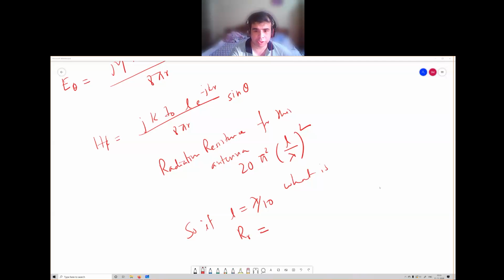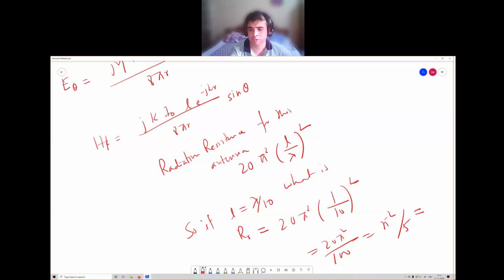That is 20 pi square times 1 by 10 square, which is 20 pi square by 100, that is pi square by 5. What is this value? Yes, approximately 2.